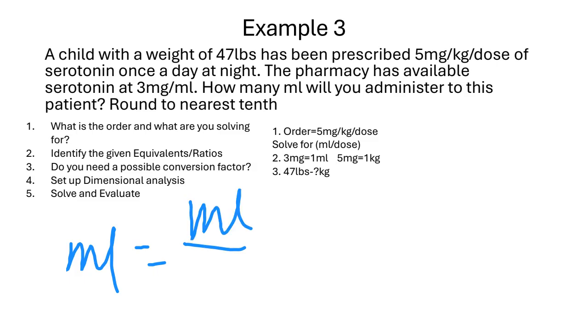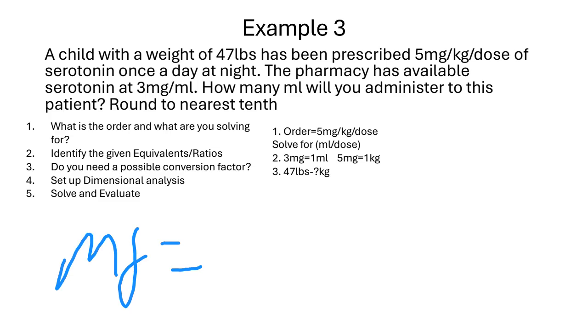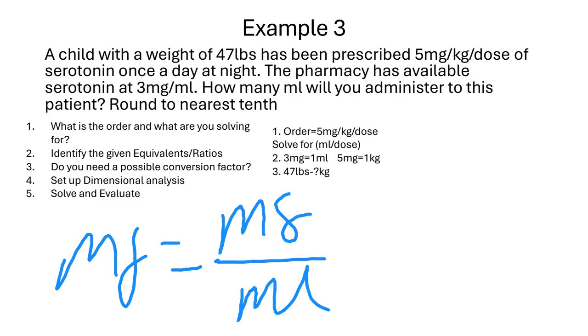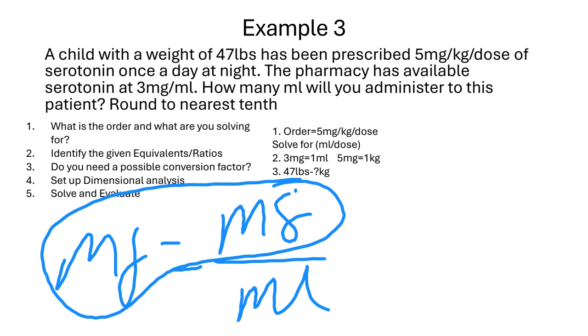If you're looking for milligrams, you will start with milligrams on top over mLs. Just manipulating as you need it, but always make sure these match. The bottom is not always going to match. It's usually going to match all the way to the end. But it's really crucial to understand what you're looking for. Always start with that. If not, then you're going to bump into many problems.